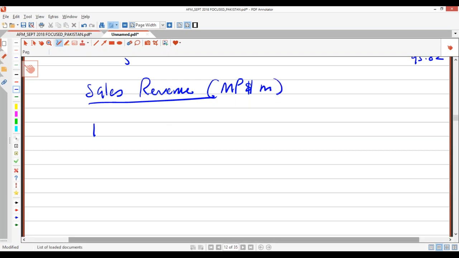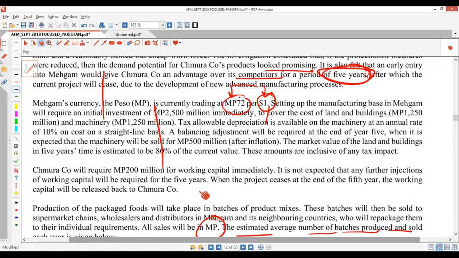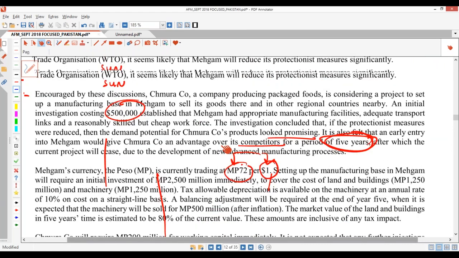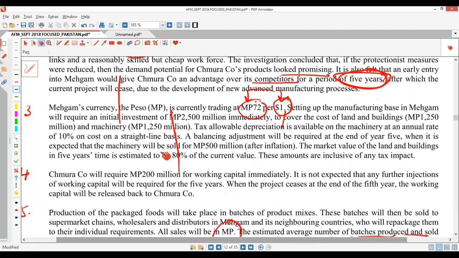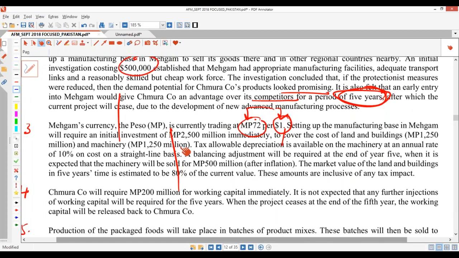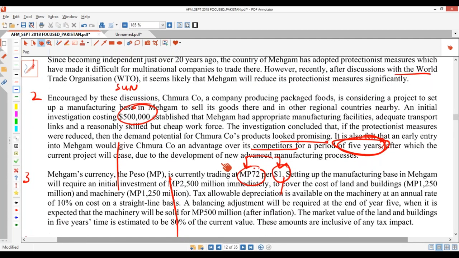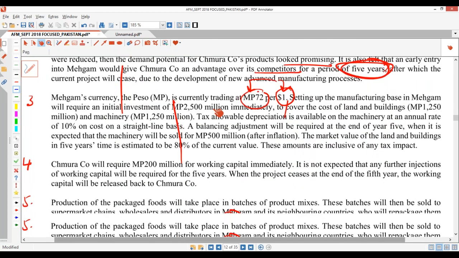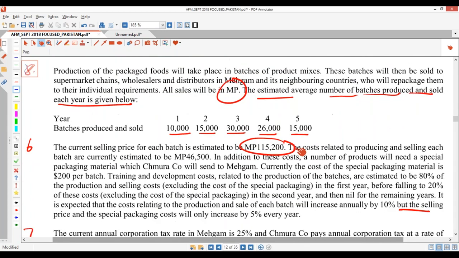So the sales revenue will simply be your selling price. Where is your selling price here? Okay, 1,155,200, multiplied by the units, and it's subject to inflation of how many percent? The selling price and special packaging have a 5% inflation rate. Okay, good.